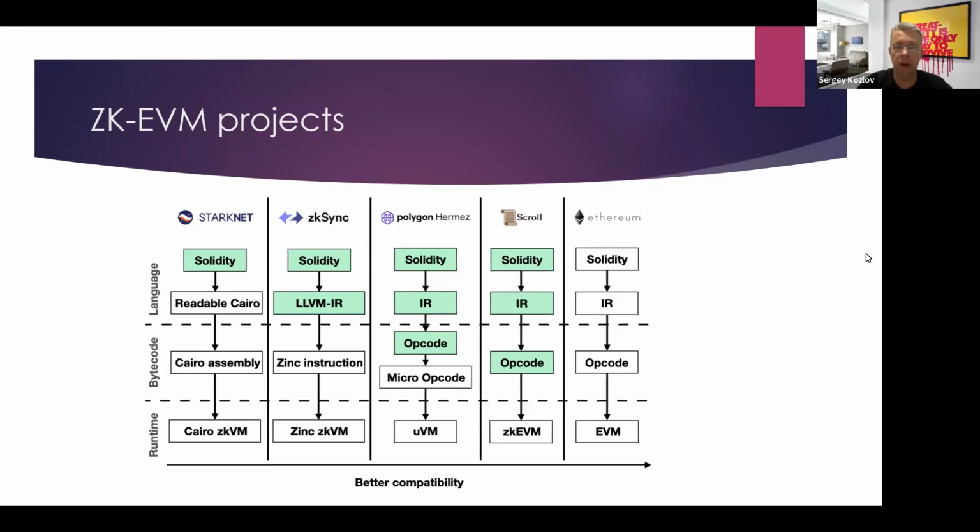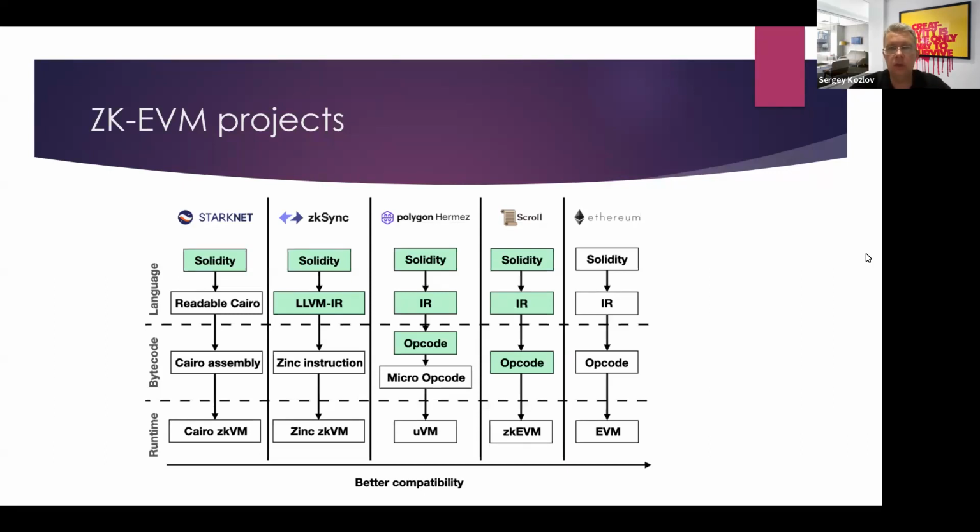Then on the level of bytecode, which we already discussed, that's the code which understands our Ethereum virtual machine. For Starknet, we have Cairo assembly, which is not equal to the opcode used by original Ethereum. And Scroll and Polygon ZK-EVM use the original opcodes used by Ethereum itself.